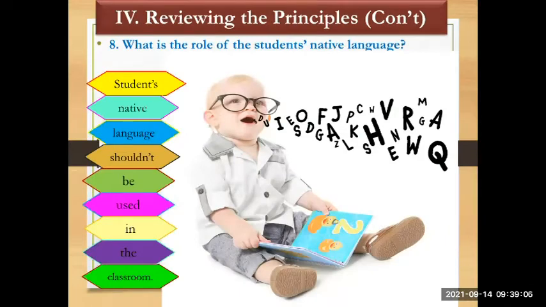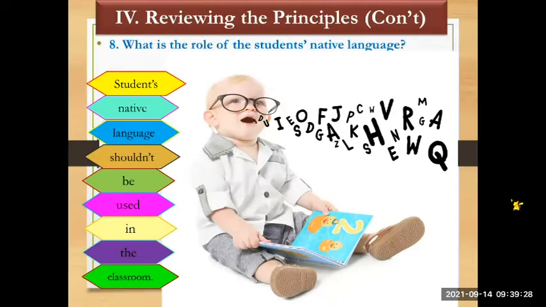Number 8, what is the role of the student's native language? Students' native language shouldn't be used in the classroom. Just like the number 1 principle, translation is not allowed. So you're not allowed to use the native language.